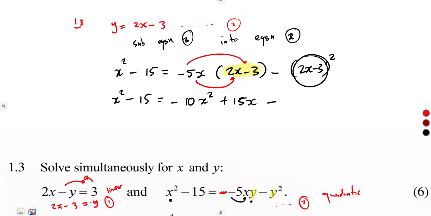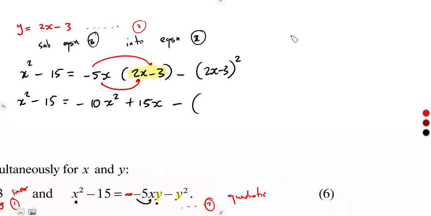Minus, expand this bracket, the squared means you've got two brackets that you can actually expand, or you can simply expand directly. Remember, a minus b squared is equal to a squared minus 2ab plus b squared. So our a is 2x, our b is 3.